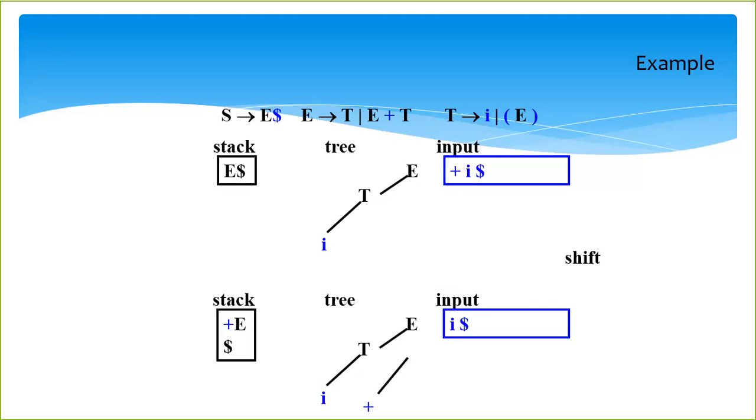Now in this particular process, one question you may have is why we haven't considered S producing E, right? We have taken the reduce rule E producing T. First we have taken T producing I, after that we have taken E producing T, but we haven't taken S producing E, isn't it? Before taking that, we have performed a shift operation.